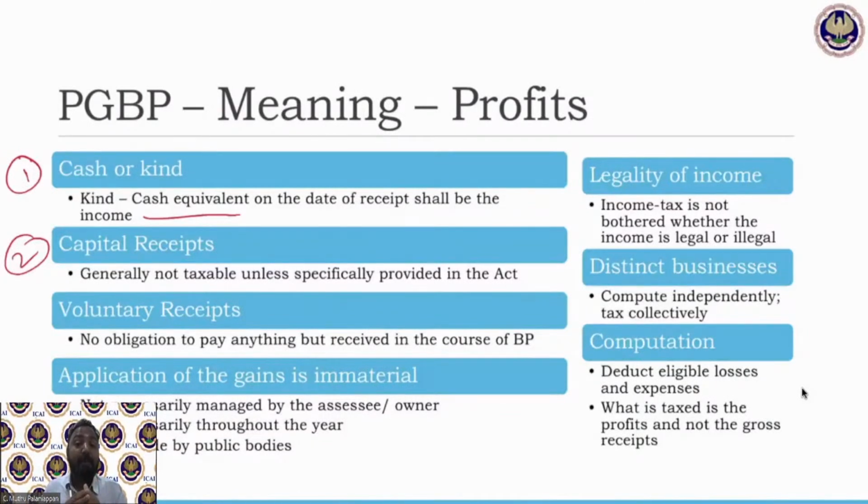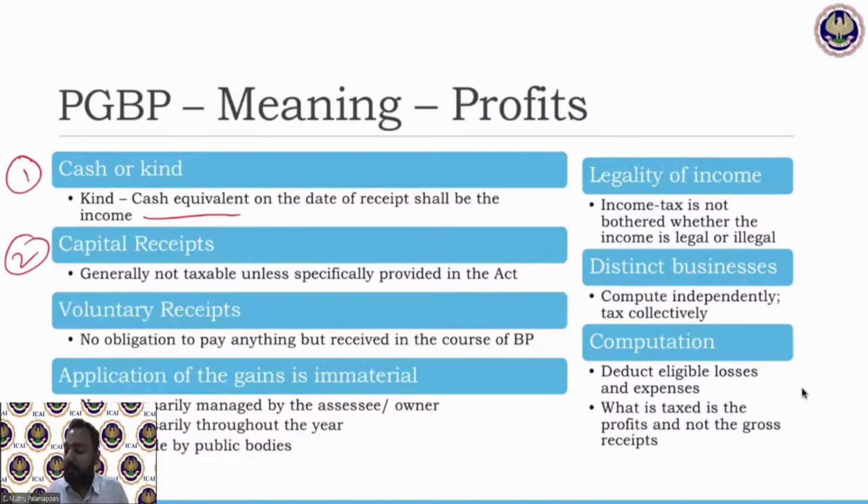Let's take, for example, a builder, a particular builder. Let's take DLF. DLF is into real estate. Now DLF is selling a property. According to DLF, whatever they are receiving for selling a property is a business receipt, a revenue receipt, right?